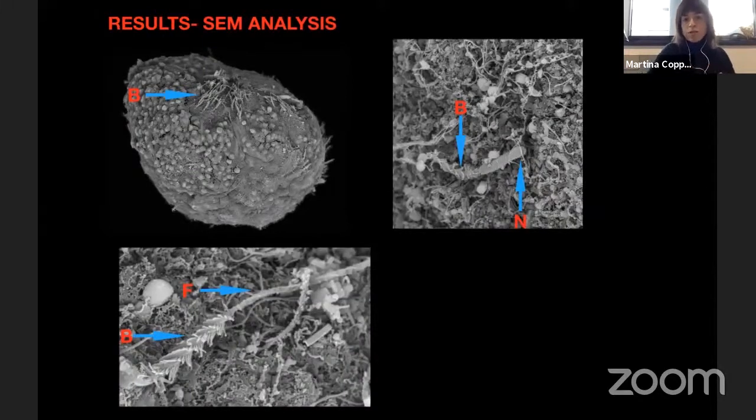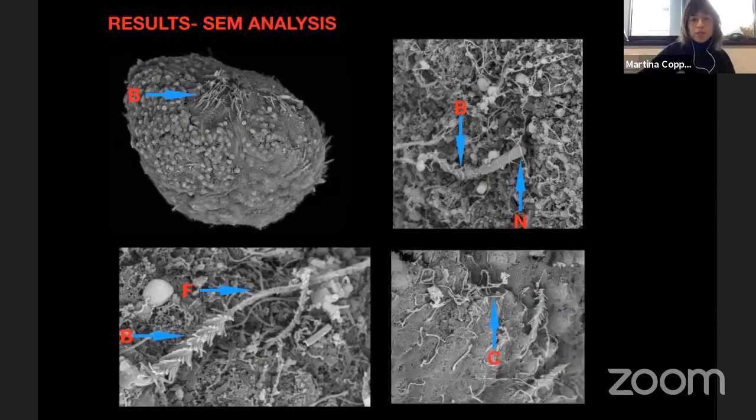You see in one, with N indicated the capsule of the nematocyst, with B the spiny barb, and with F the filament of the nematocyst. On the surface of the propagules, we also found many other filaments, much thinner than the others, that were the cilia that allowed for movement.